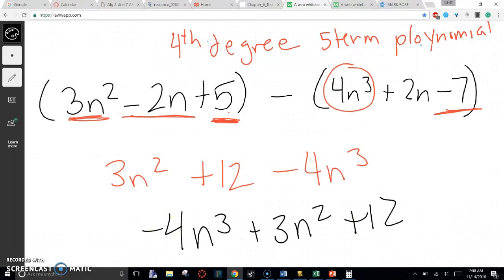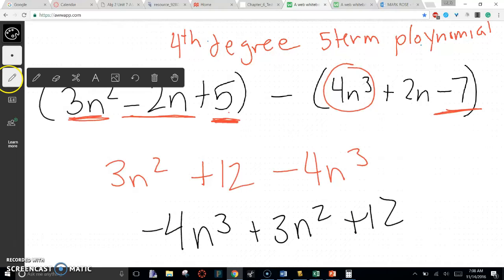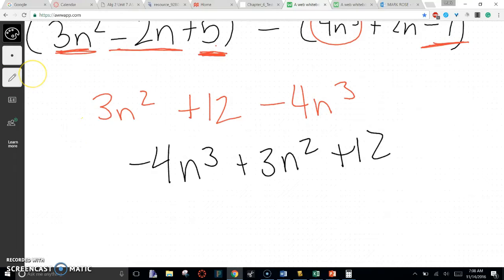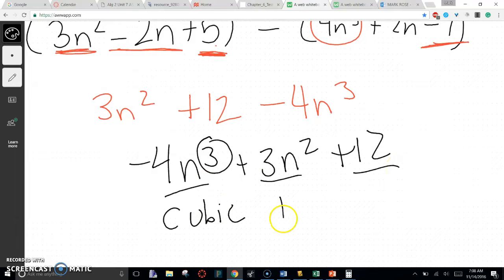So it's rewritten, and then we could label this. We have a third degree, which we would call cubic. And I have 1, 2, 3 terms, so we call this a trinomial. So it would be a cubic trinomial.